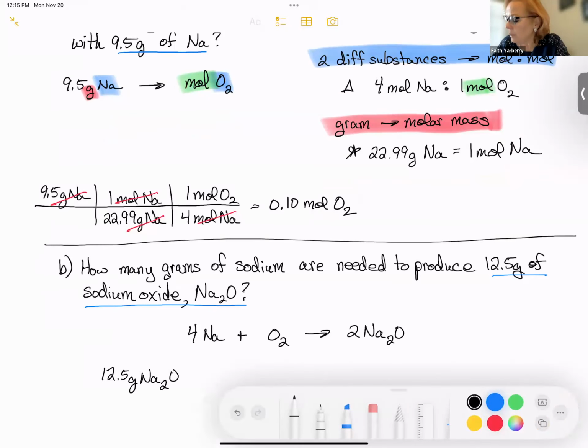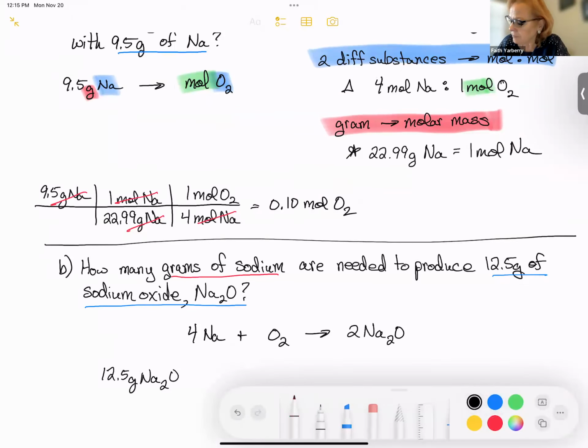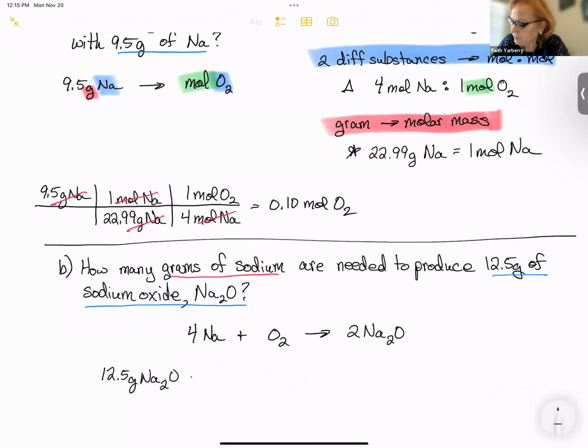We're going to look at what we need to solve for. We need grams of sodium.